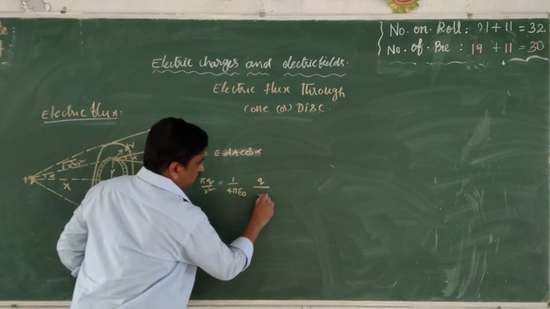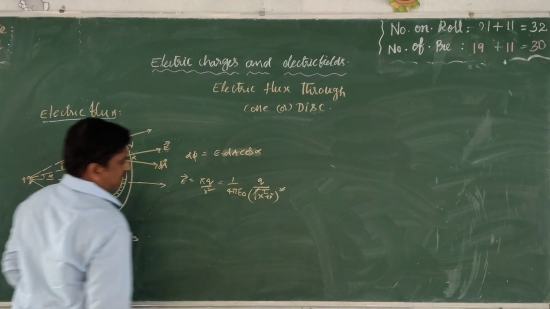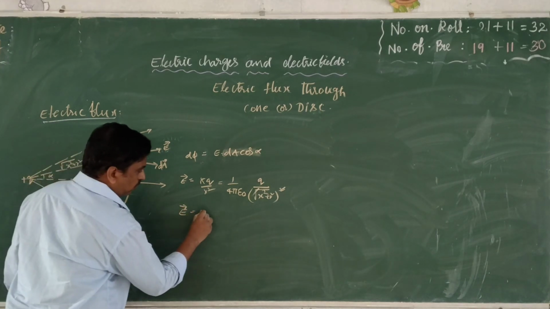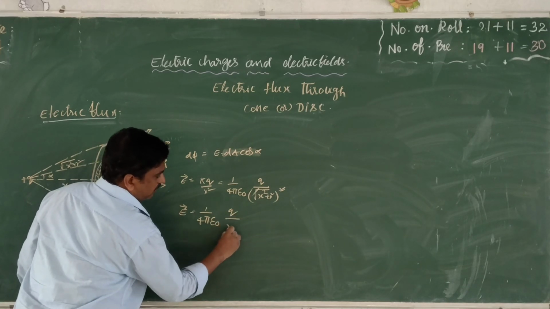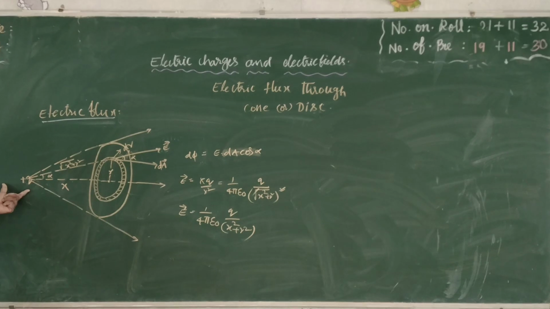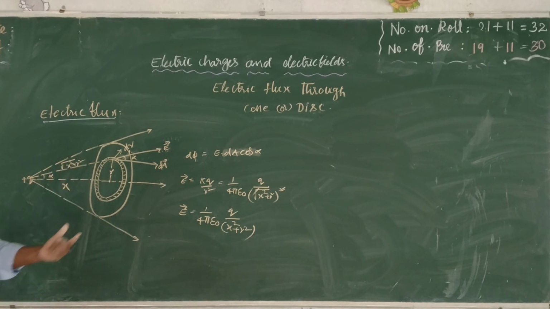Squaring it, the root cancels. So the electric field at the ring due to plus q is 1 by 4 pi epsilon naught, q by x square plus r square.